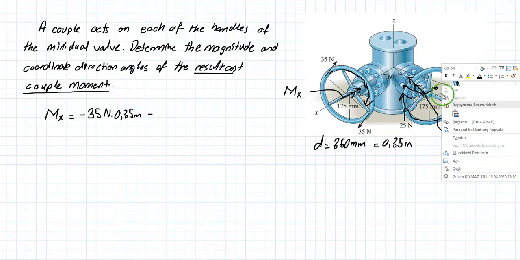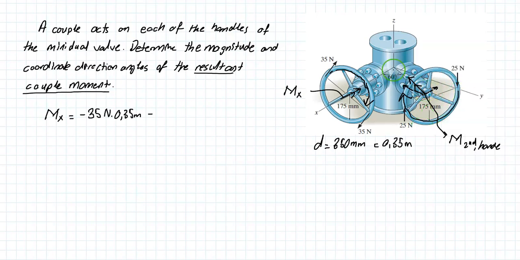Okay, and it's essentially moment y, 25 times, that's minus 25 Newton times 0.35, that's the diameter, meter, but cosine 60 degree, because I want the x-axis component.